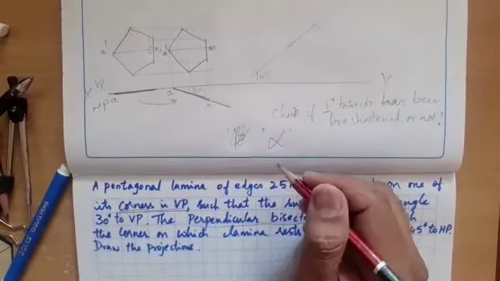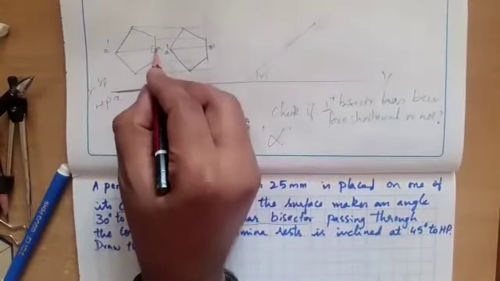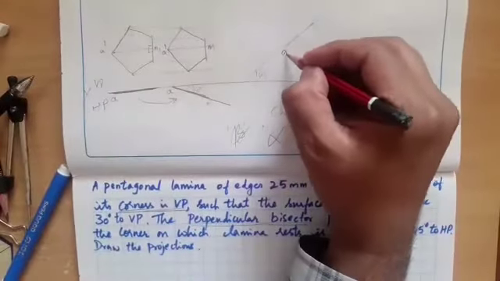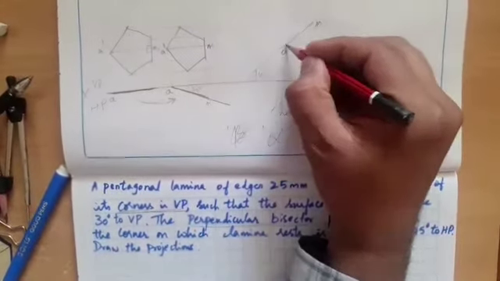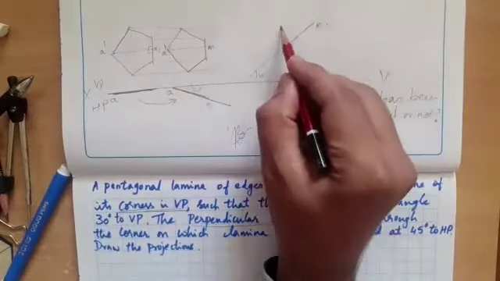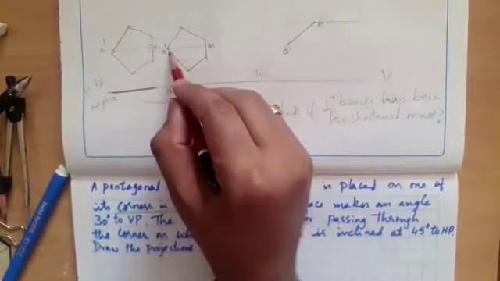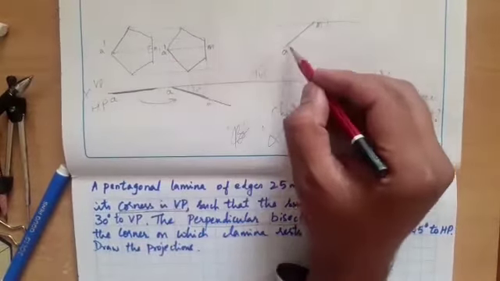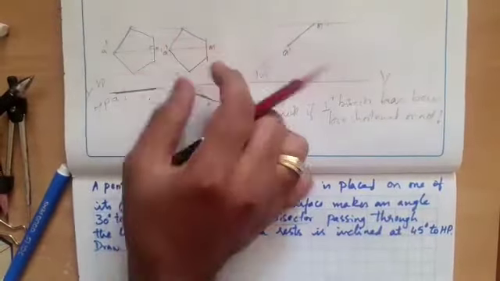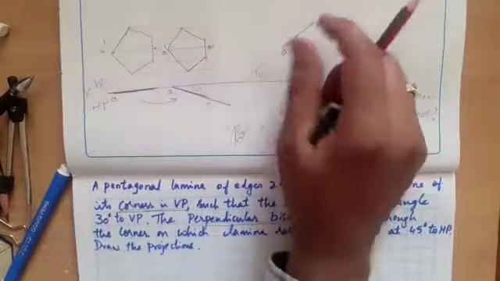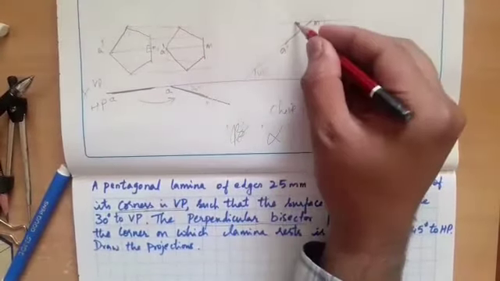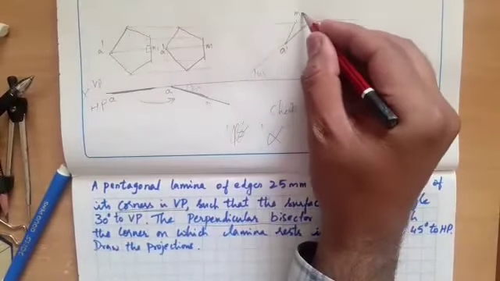So how to do that? Take the true measurement A dash M1, mark a locus, then take the apparent length A dash M. From this A dash, take the foreshortened length of the perpendicular bisector, mark here, you will get new M.